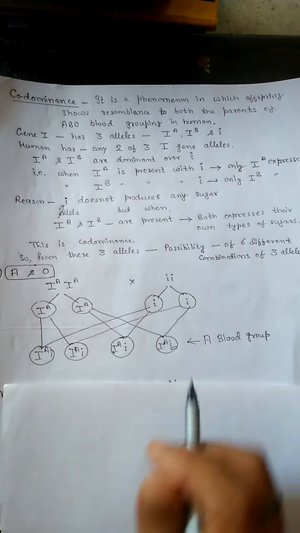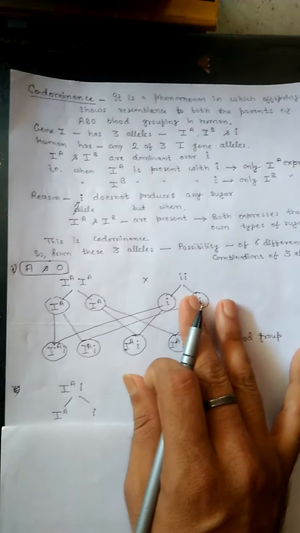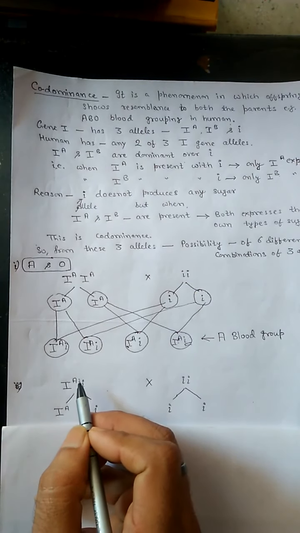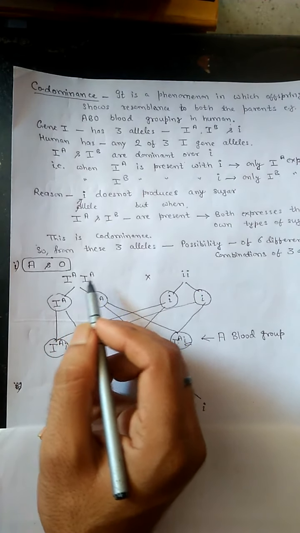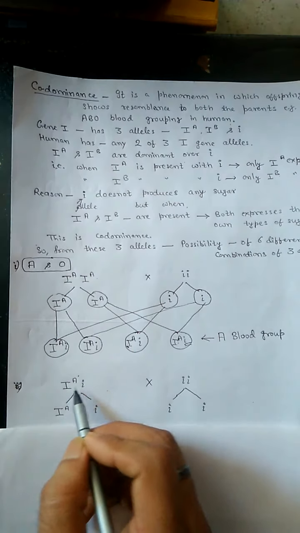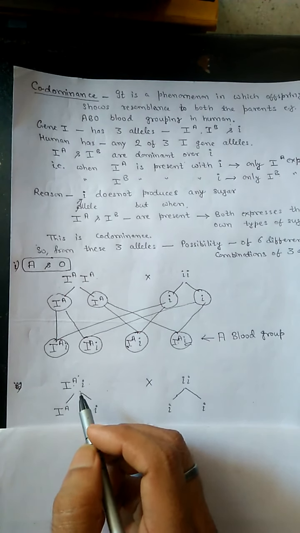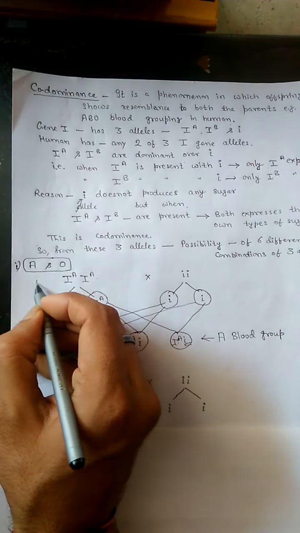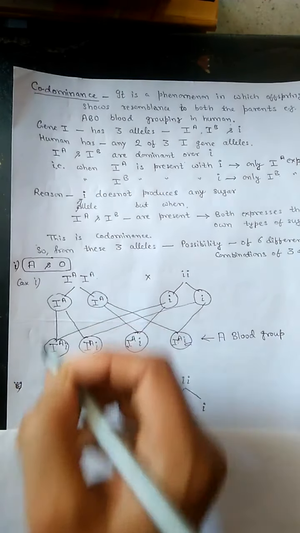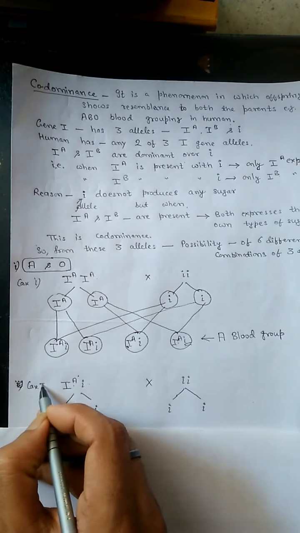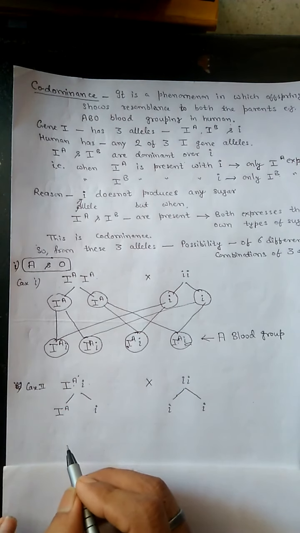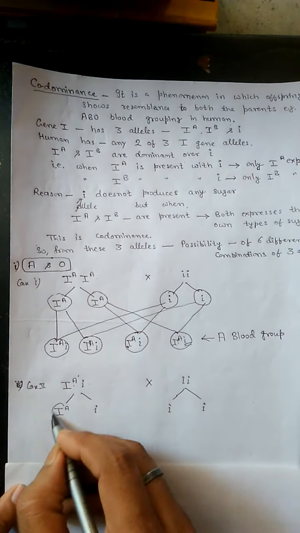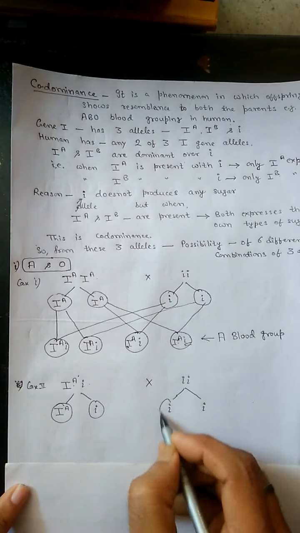Now come to the second condition in which the A blood group parent may have IA and small i alleles. This is case 1 and this is case 2. Let us see what will be the probability of the crossing.